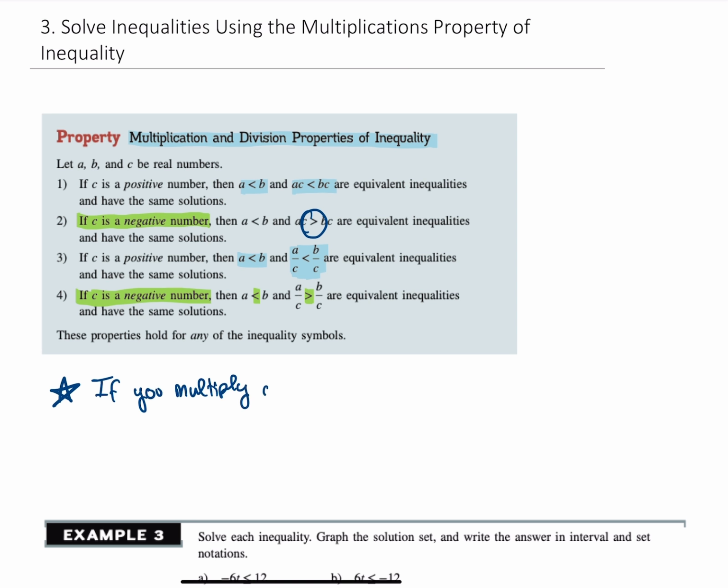If you multiply or divide by a negative number on both sides, you have to flip the direction of the inequality.